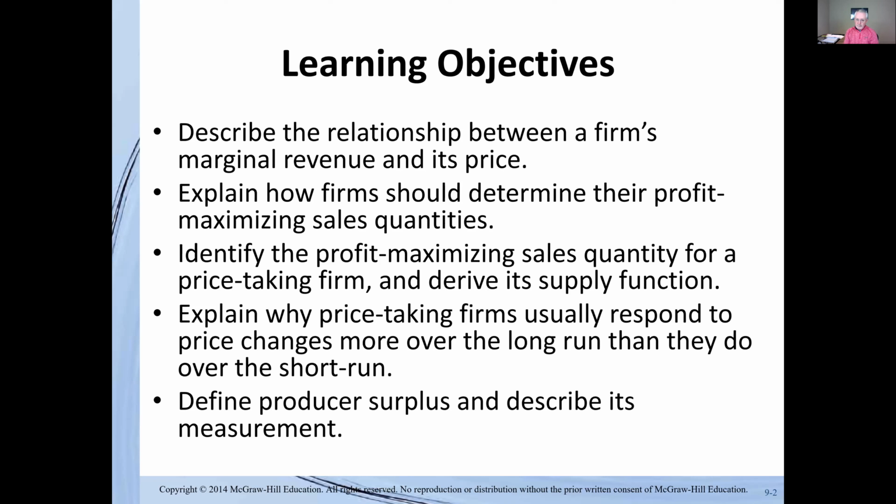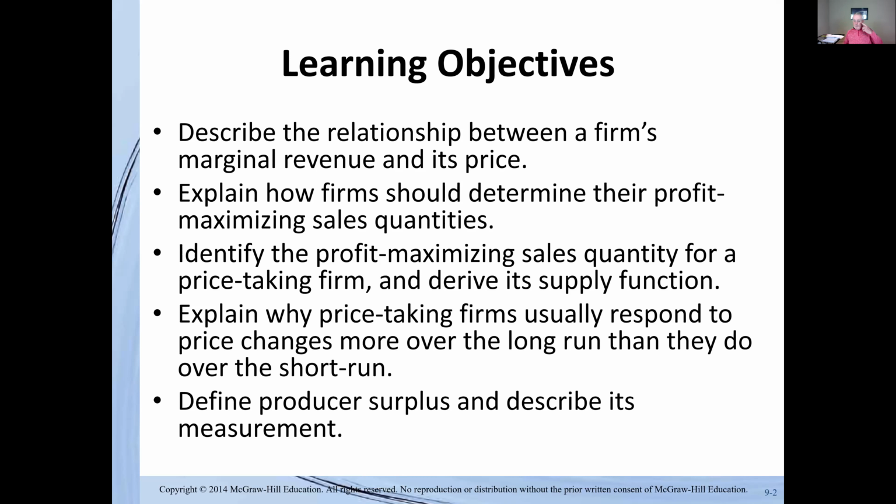But this is what we want to do in this chapter. Describe the relationship between the firm's marginal revenue and its price, and then use that marginal revenue to explain how firms should determine their profit maximizing sales quantities. Once we've identified that profit maximizing sales quantity for a price taking firm, we can derive its supply function or supply curve.